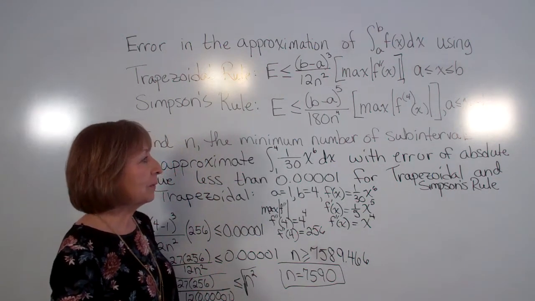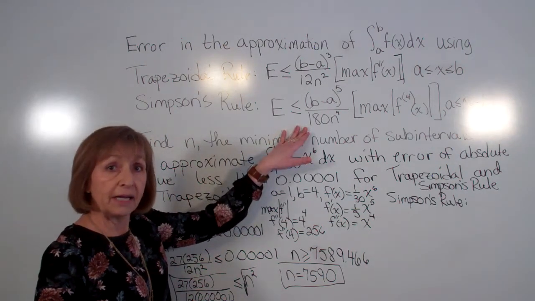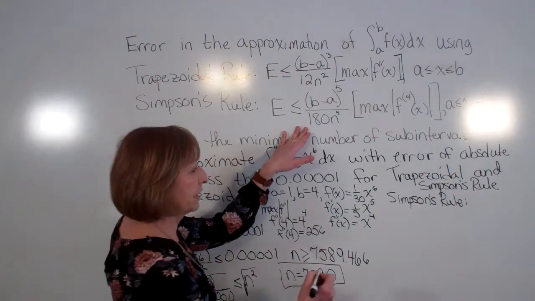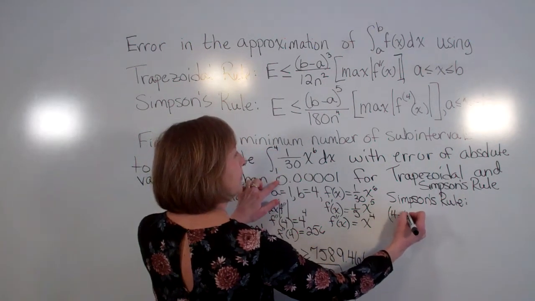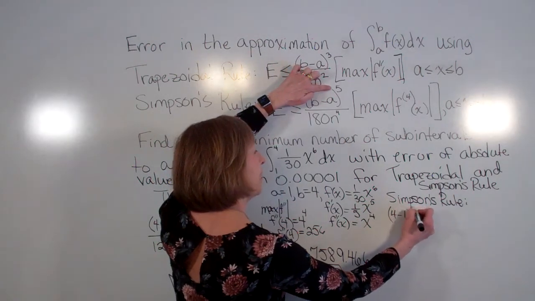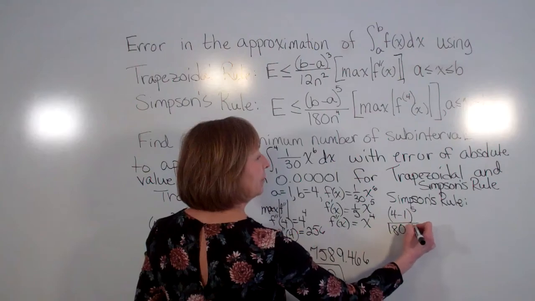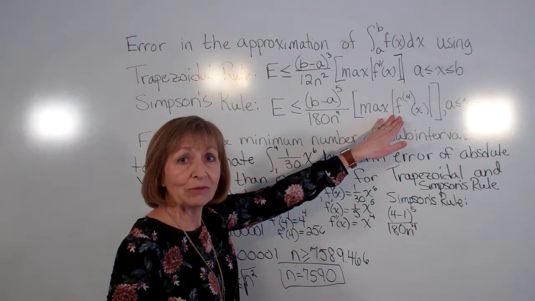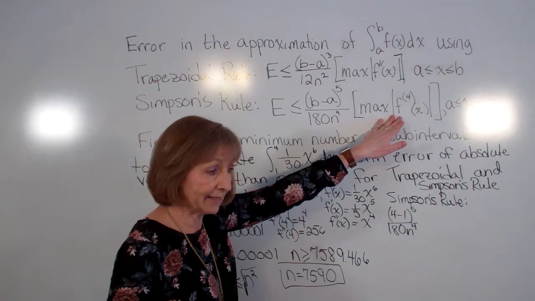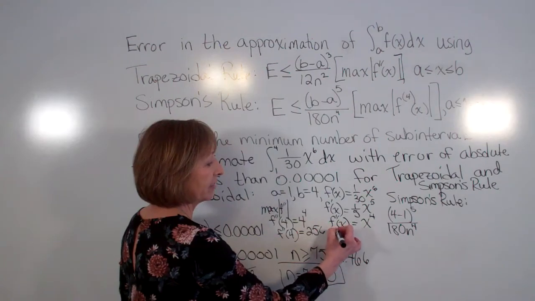Now let's see what we would have for Simpson's rule. Simpson's rule here is this expression. So I have my 4 minus 1 to the 5th power over 180 n to the 4th times the maximum value that the 4th derivative takes on over that interval. The second derivative is x to the 4th.